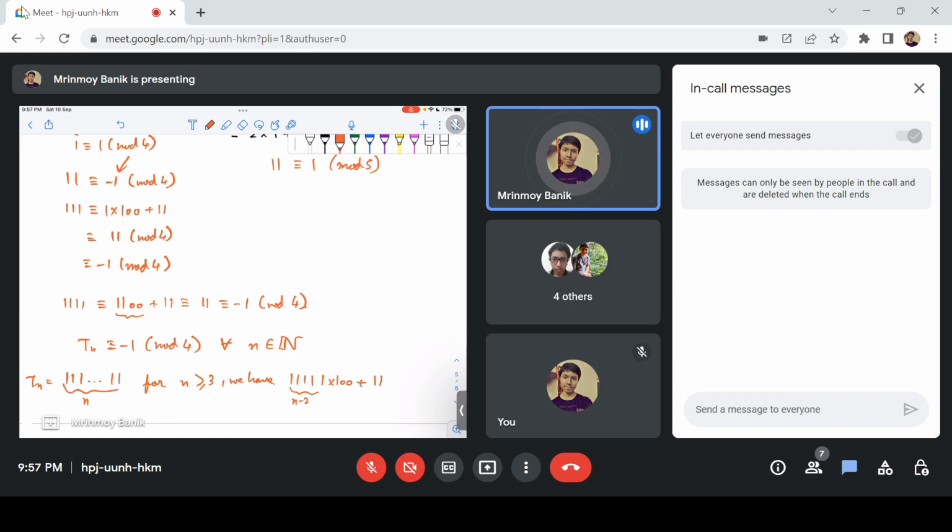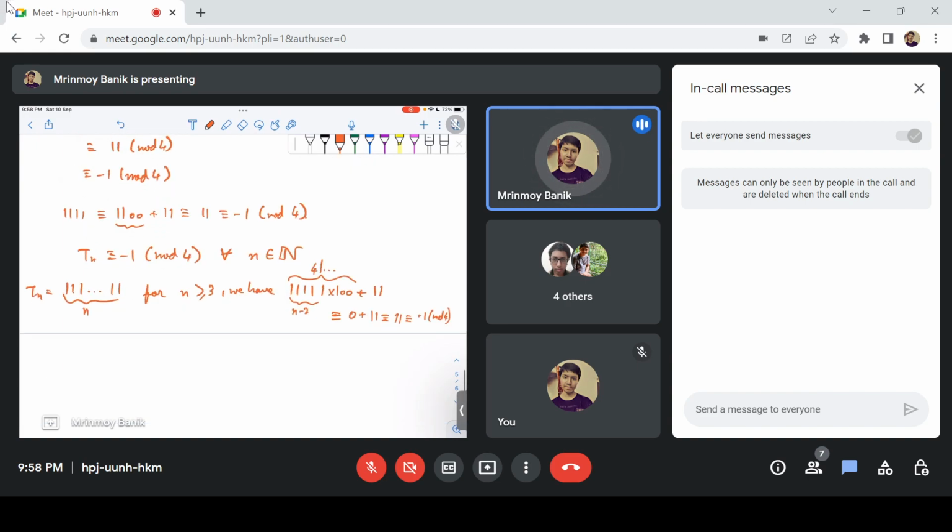So this is basically what the number Tn is. It's a lot of ones times 100 plus 11. And 4 divides 20 and 20 divides 100, so 4 divides this thing. So this is congruent to 0 plus 11, which is congruent to 11, which is in turn congruent to -1.